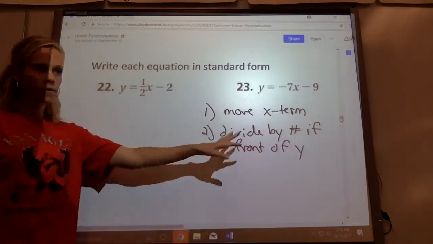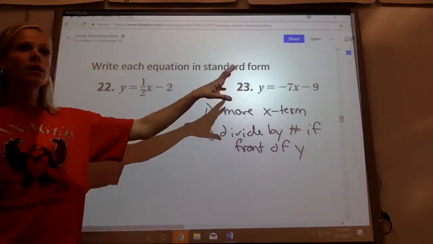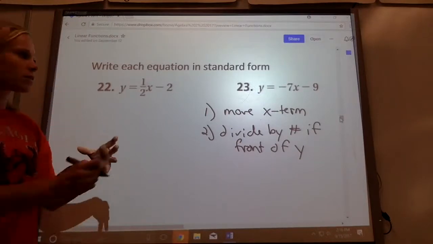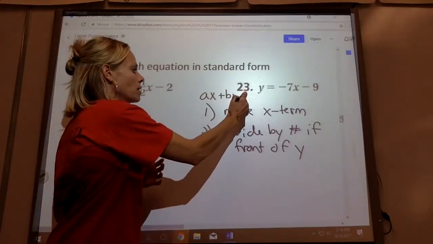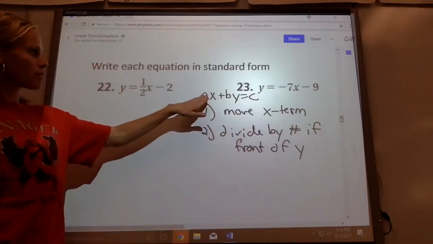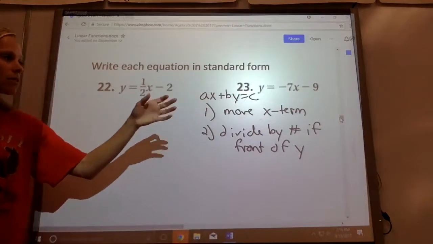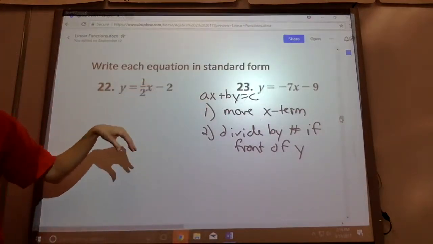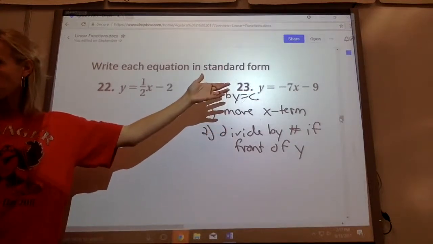Remember that from Wednesday? Okay. So that puts standard form into slope-intercept form. What standard form looks like is this, ax plus by equals c. And that's why we could say move the x term, divide by the number in front of y. So to go backwards, slope-intercept form back into standard form, you're going to do these backwards.